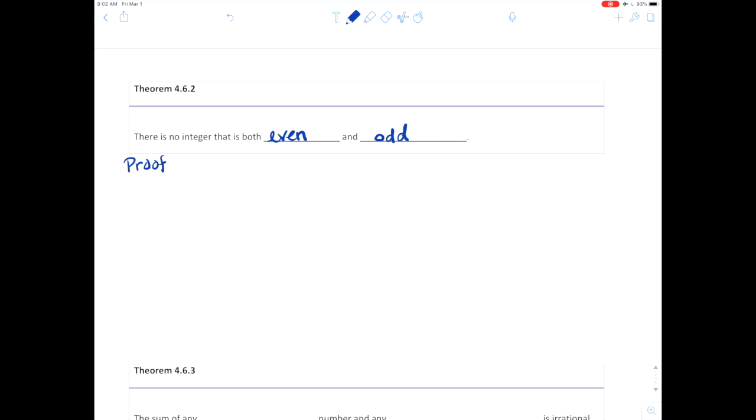It'd be pretty hard to do a proof directly on this, right? So proof by contradiction would give us what? What would our statement be? Our supposition.